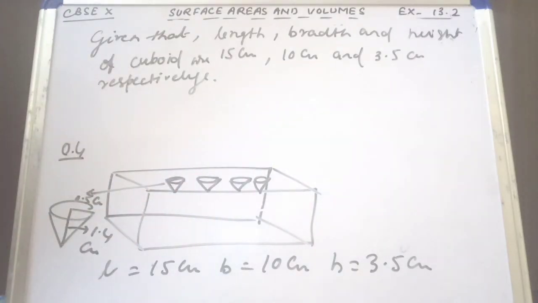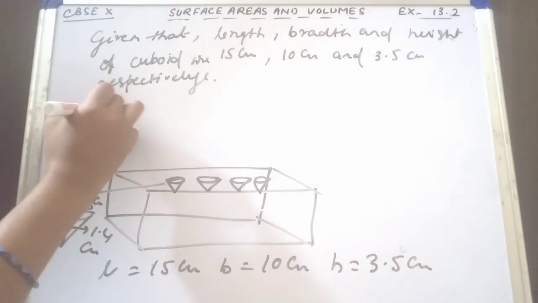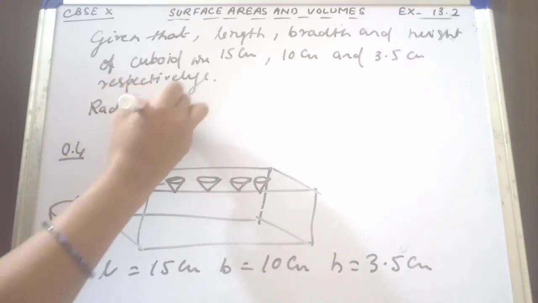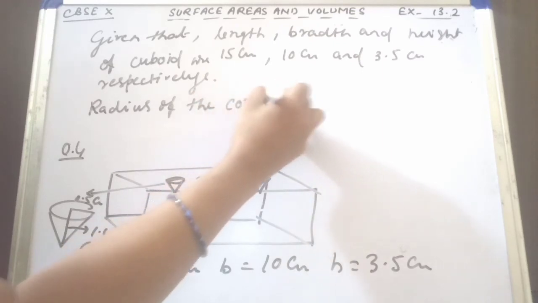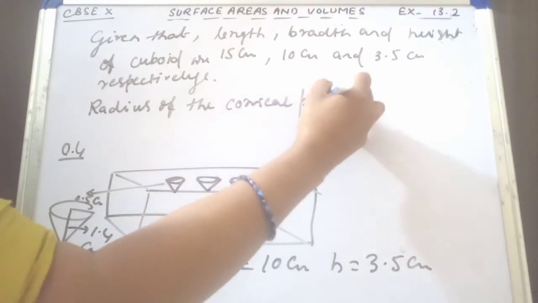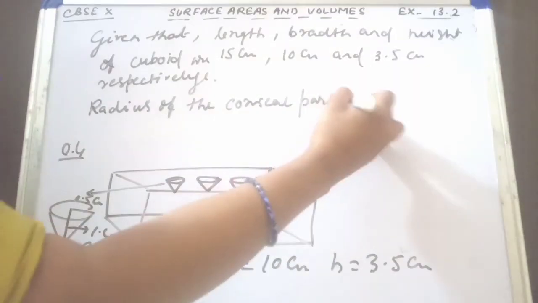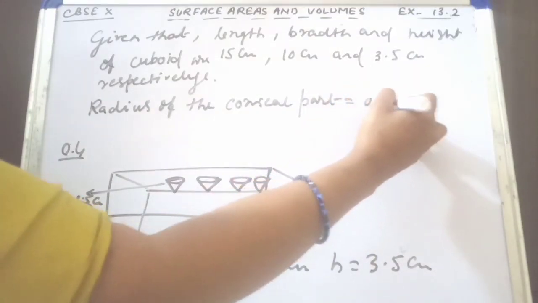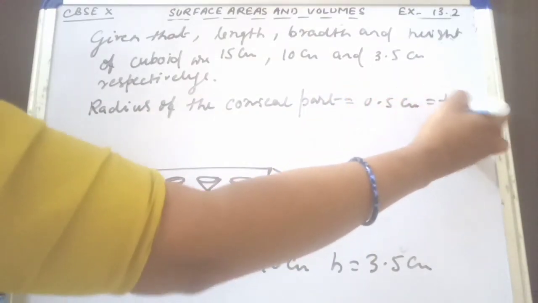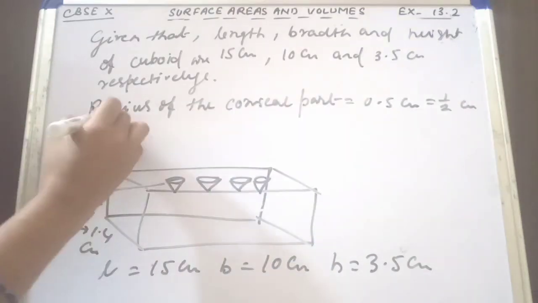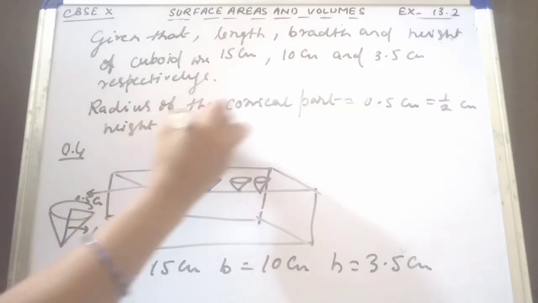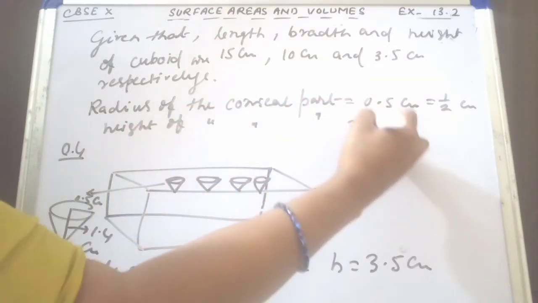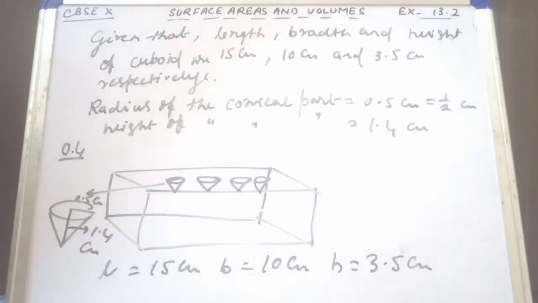And given that the radius of the conical part is equal to 0.5 centimeter, that means half centimeter, and height of the conical part is equal to 1.4 centimeter.